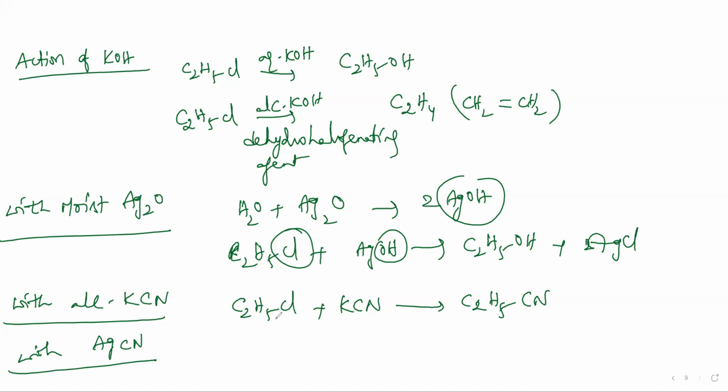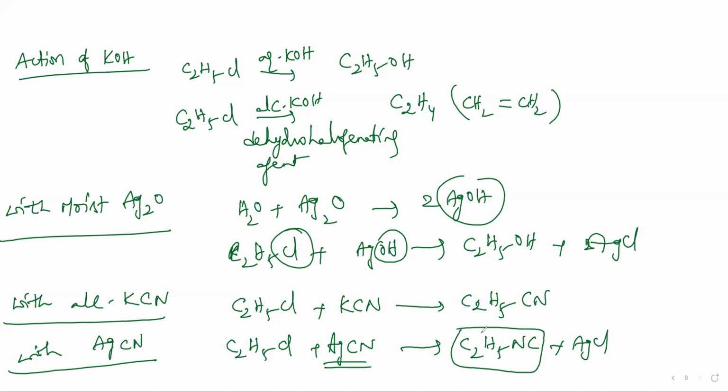Silver cyanide is covalent in nature, so the covalent bond is present between carbon and silver, and you will get C2H5NC, so here you are getting isocyanide. With KCN you will get cyanide, with AgCN you will get isocyanide. So this is all about important chemical reactions, right?